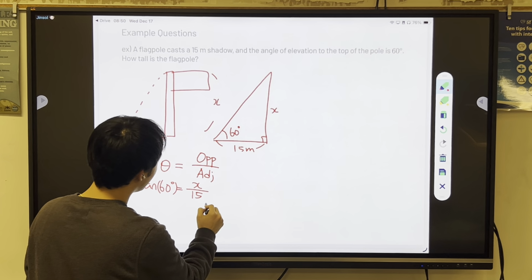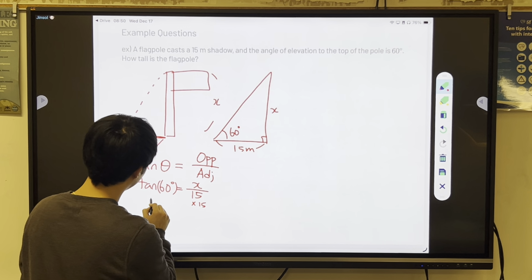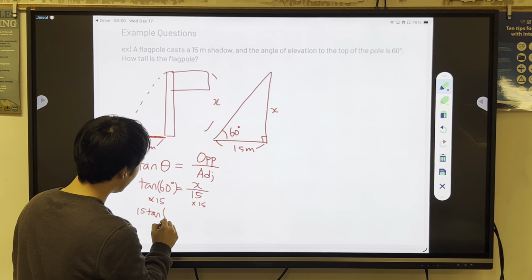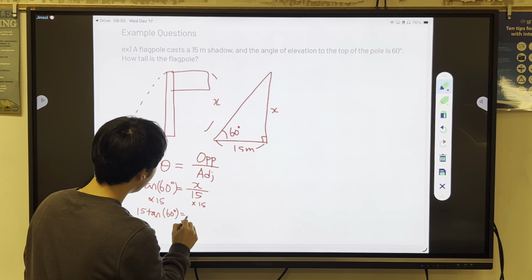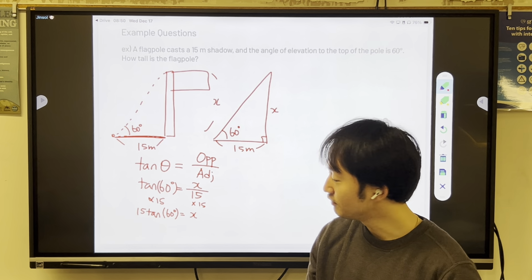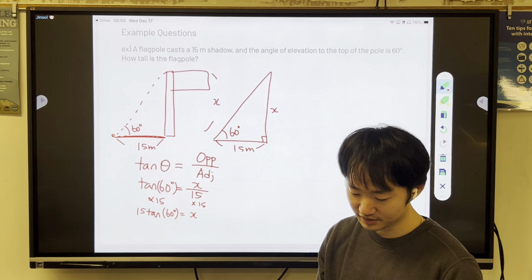If we multiply both sides by 15, that's 15 tangent of 60 degrees equals x. And we use the calculator to find the value of 15 tangent of 60.